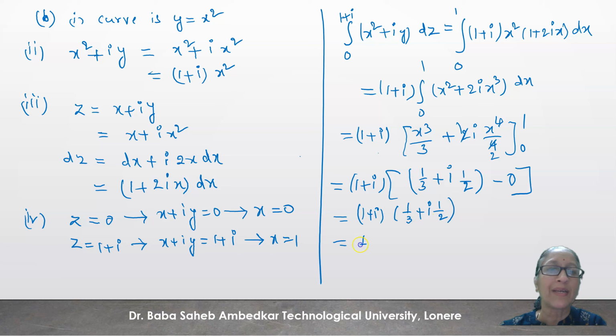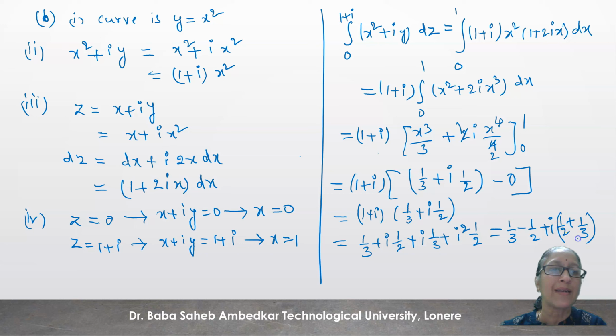Now if you multiply these, you get 1 by 3 plus i into 1 by 2 plus i into 1 by 3 plus i squared into 1 by 2. That means 1 by 3 minus 1 by 2 plus i into (1 by 2 plus 1 by 3). Again, what do you get?